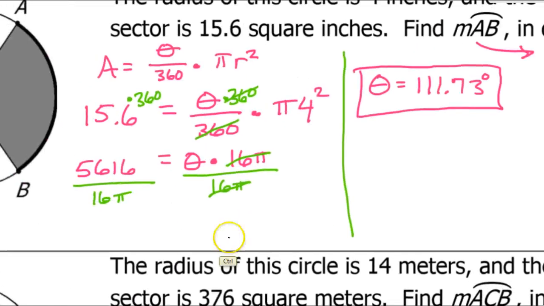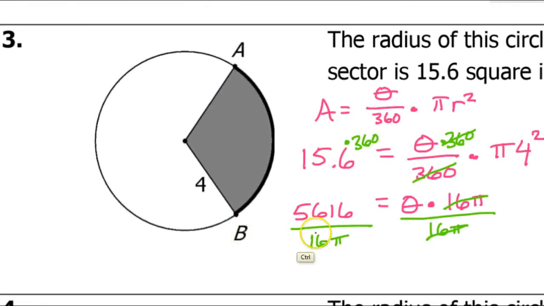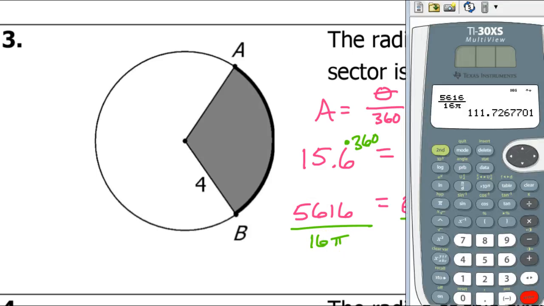Okay, let me just mention one common mistake that I often see. When you put 5,616 divided by 16 pi in your calculator, I like to do this fraction mode like I showed you. But some students prefer to do 5,616 divided by 16 pi.